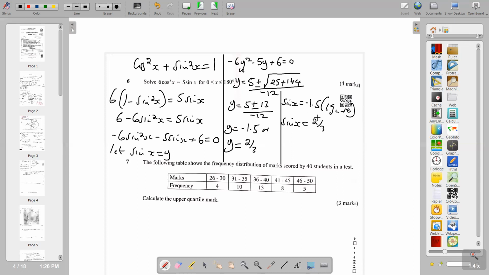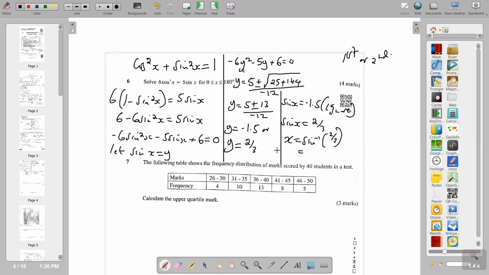Now, because the sine of x is a positive value, this one is either in the first quadrant or the second quadrant. So find the sine inverse of 2 over 3. So meaning that x is equals to the sine inverse of 2 over 3.